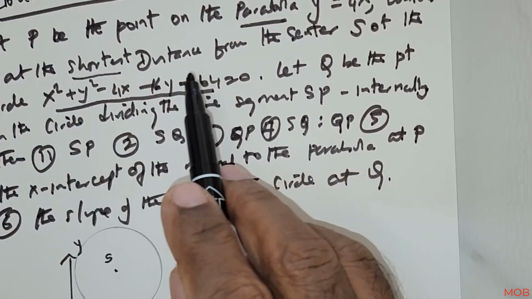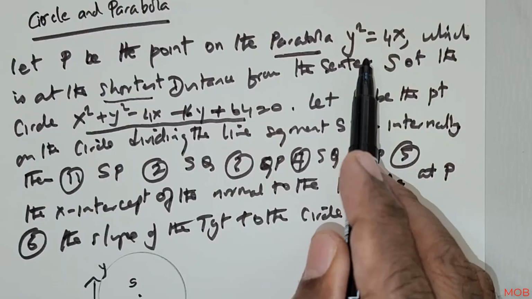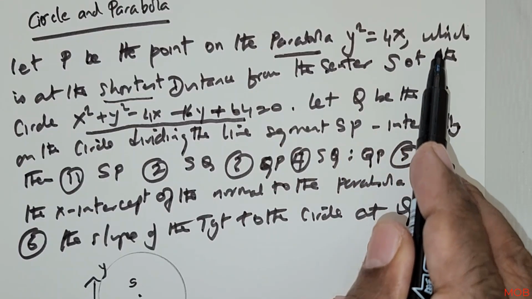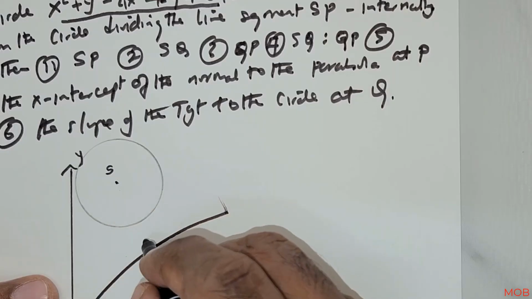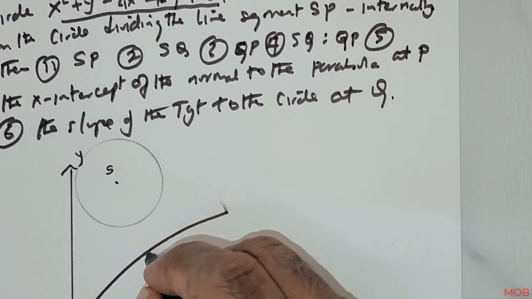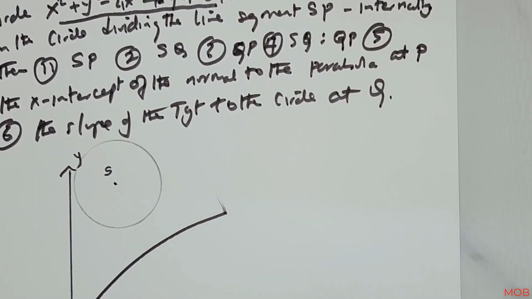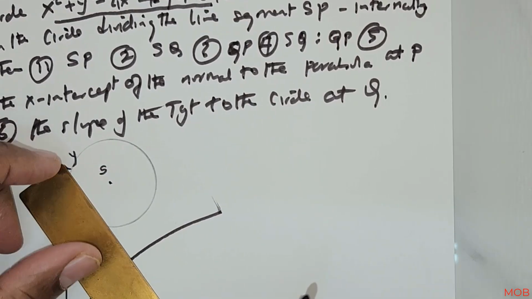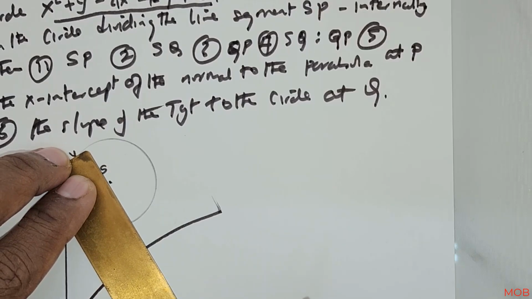So P is the point on the parabola y squared equal to 4x, which is at the shortest distance from the center. So if you want to get the shortest distance, it is the line that is perpendicular to the circle.